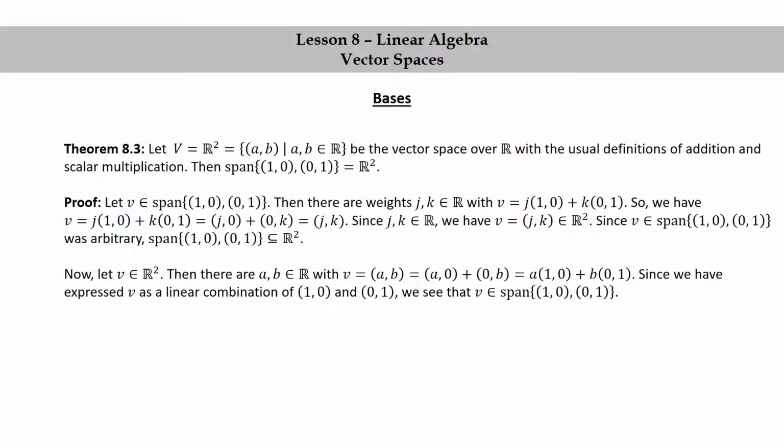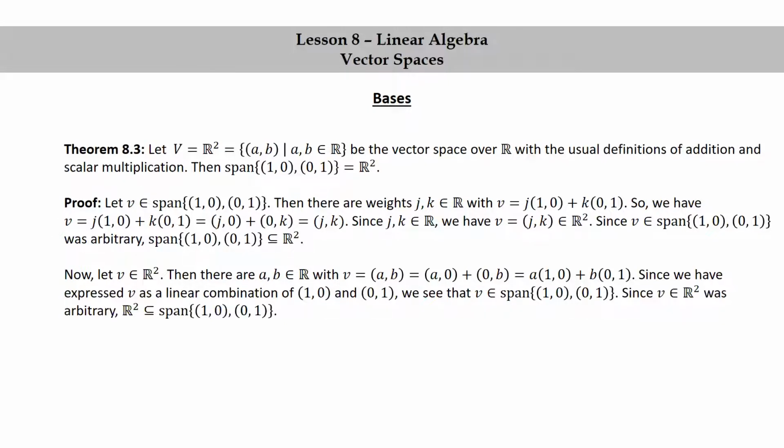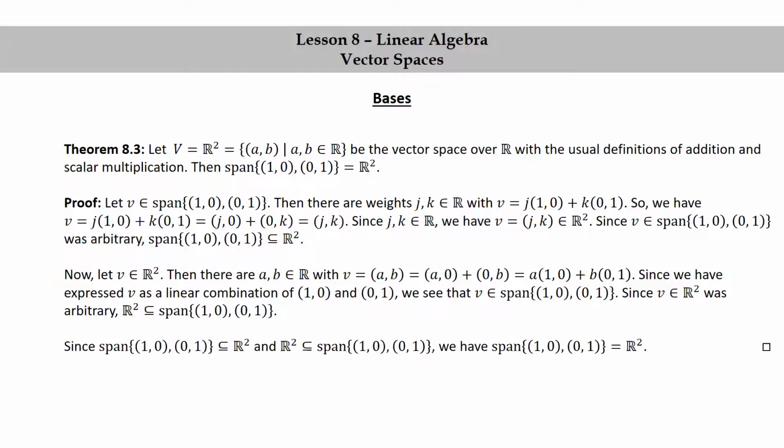So we see that v is in the span of (1, 0), (0, 1). Since v in R2 is arbitrary, R2 is a subset of the span of (1, 0), (0, 1). Finally, since the span is a subset of R2, and R2 is a subset of the span, we have that the span of (1, 0), (0, 1) is equal to R2.